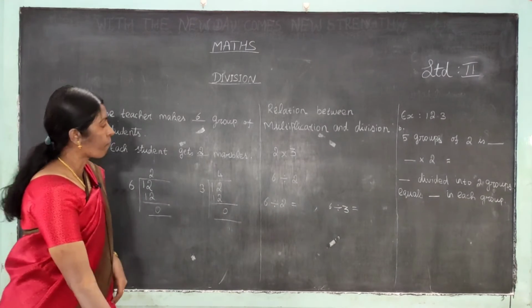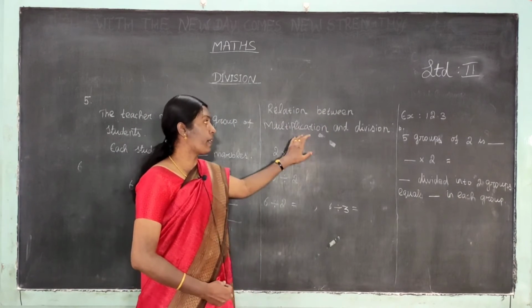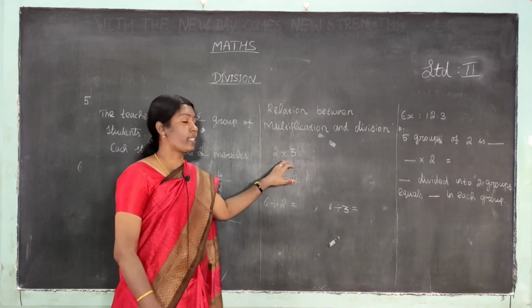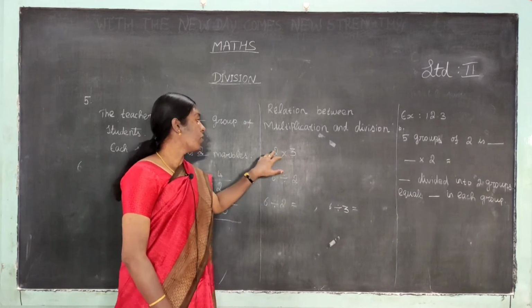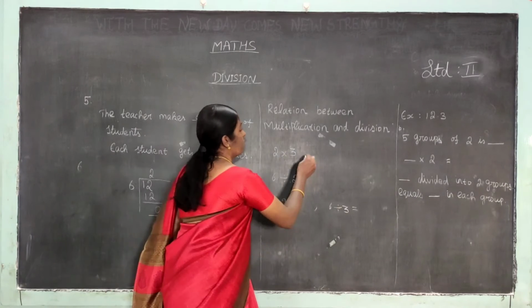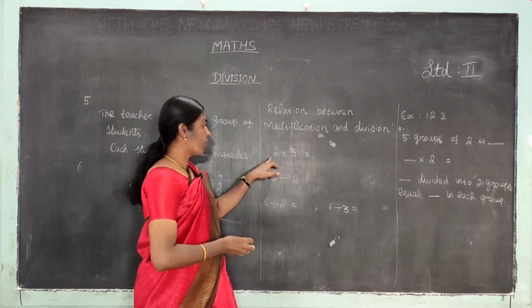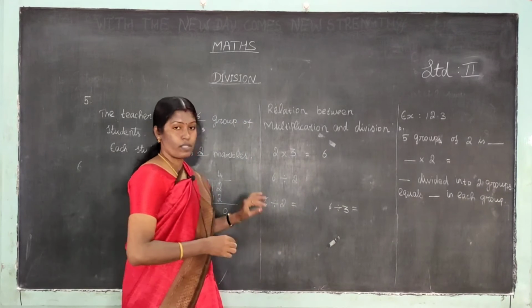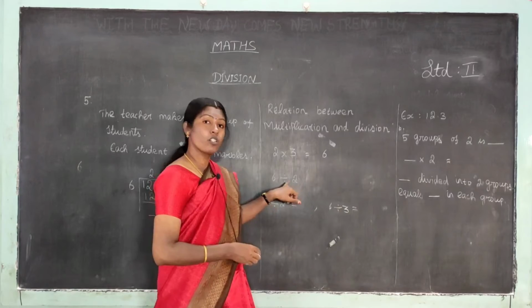Next we are going to see the relation between multiplication and division. Just see this. What is it? 2 into 3, 2 3s are 2 1s are 2, 2 2s are 4, 2 3s are 6. You see, what is it? 6 divided by 2.